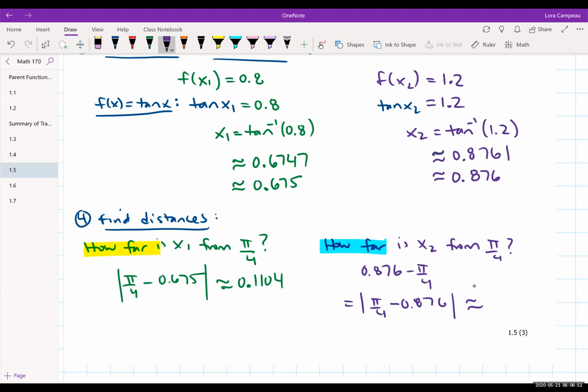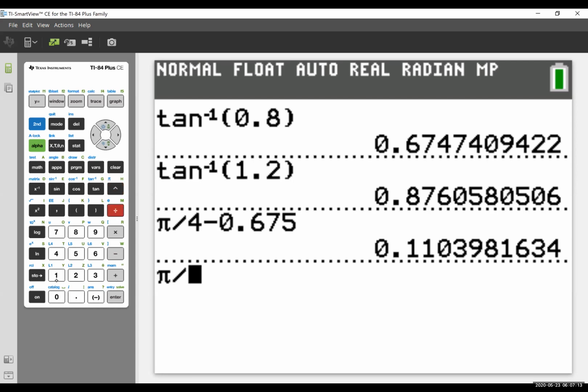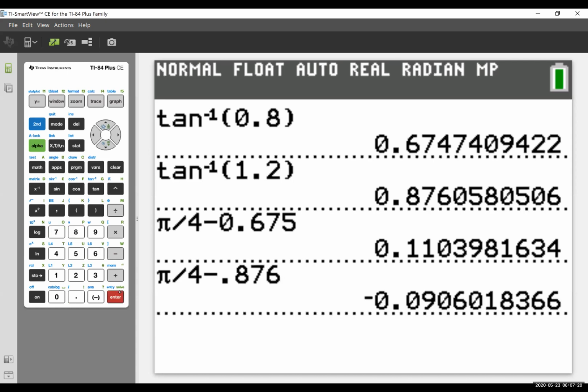So if we can do this, we'll play with the TI one more time. And I can go the other way. If you really want to type in absolute value, you can, but we have a little bit of experience. If I said pi over 4, and I subtracted off the 0.876, you notice we do get a negative value, but we know we're talking about distance, so we're going to ignore that negative sign.